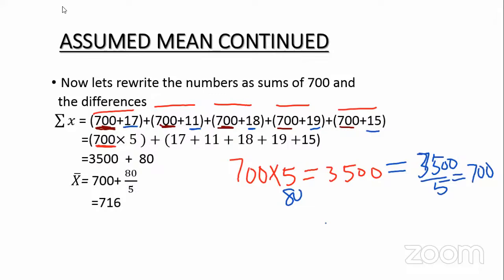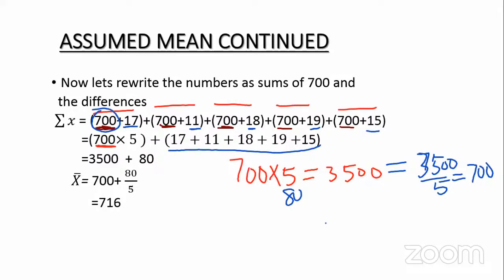So if you look at the working that I've done here, I've simply taken a number. I fixed one of the numbers to be the mean of that data, 700. Then I'm left with smaller numbers to add, like 17, 11, 18. And then I work out the mean of those numbers on top.